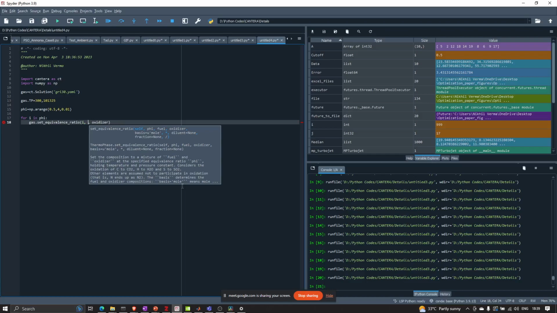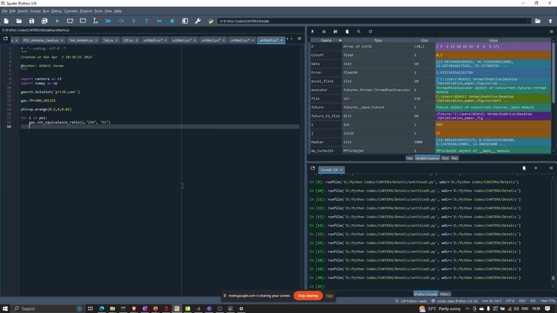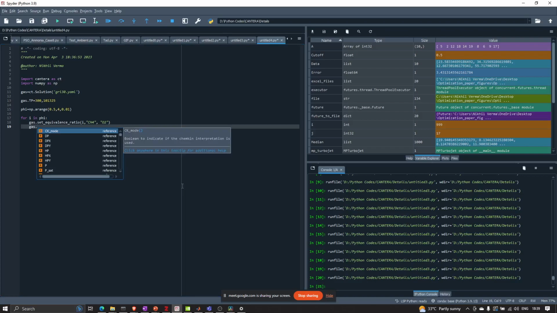So we are using methane, this is CH4, and oxygen is used as the oxidizer.